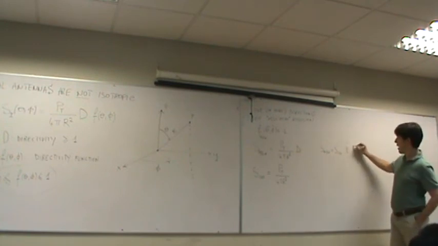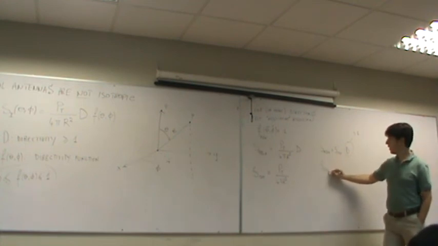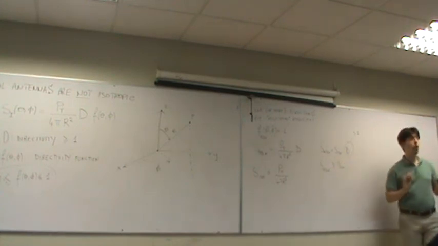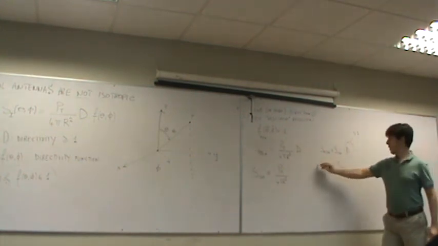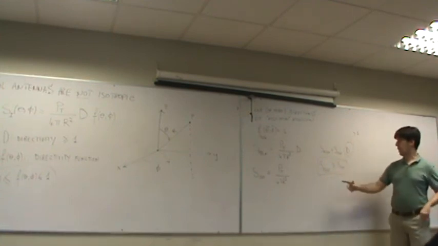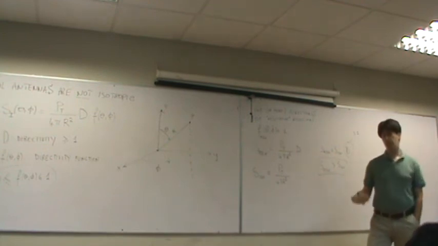And since this parameter is always greater or equal to 1, then you find that for lossless antennas, we are always talking about lossless antennas so far, the maximum power density will be greater or equal than the isotropic power density.